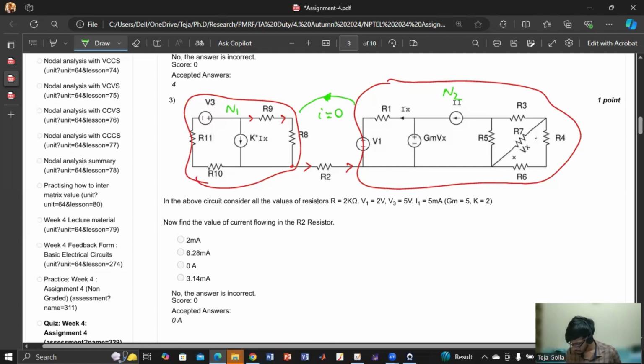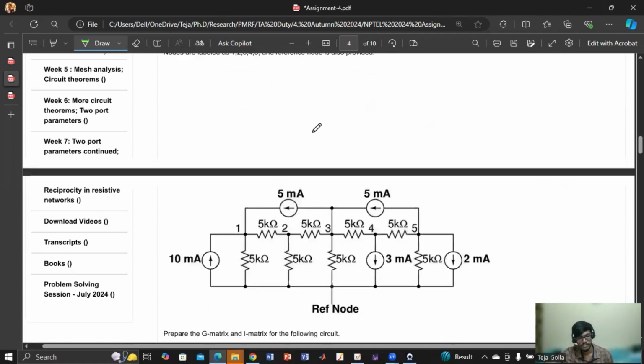The current coming from N2 to N1 is zero, so the current that will go from N1 to N2 should also be zero, because whatever current comes from N1 to N2 should come from N2 to N1. This is what KCL says. That is not being followed, so this current will be zero. Agree? Simple and straightforward, but a little bit tricky.